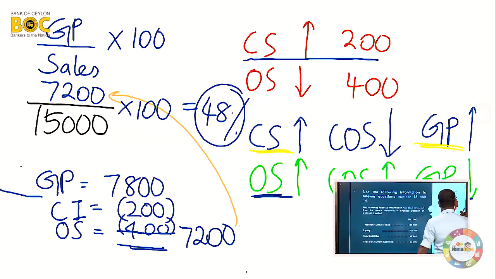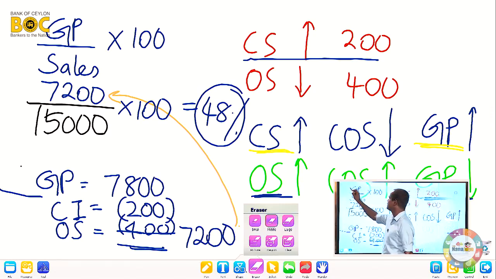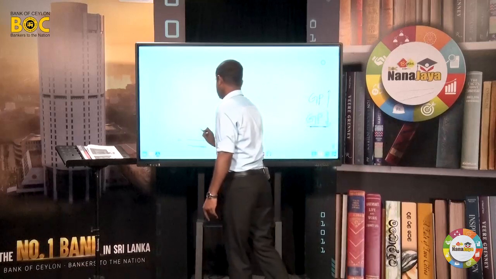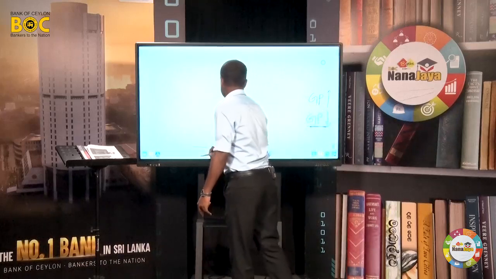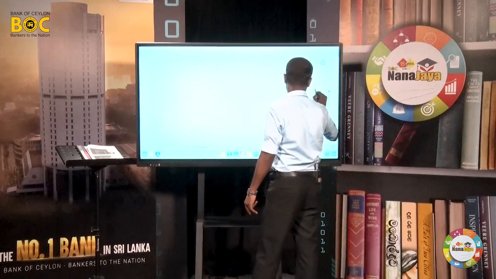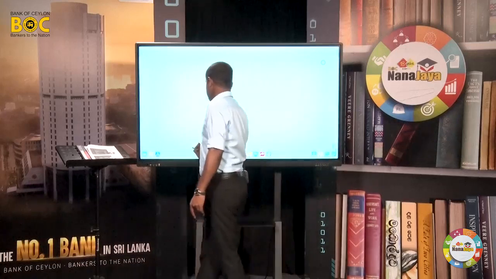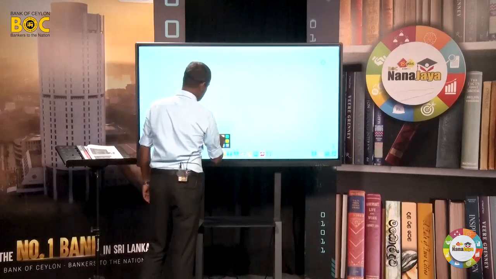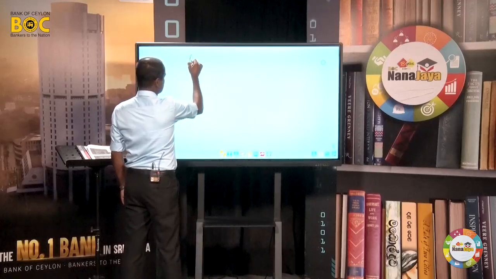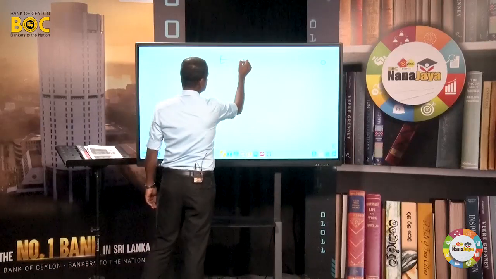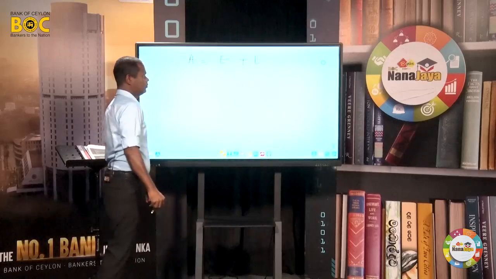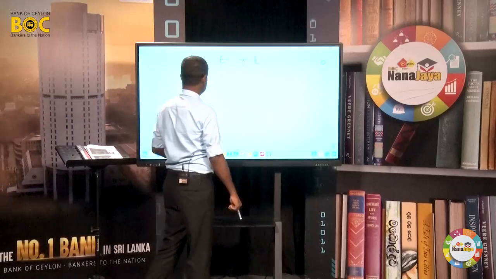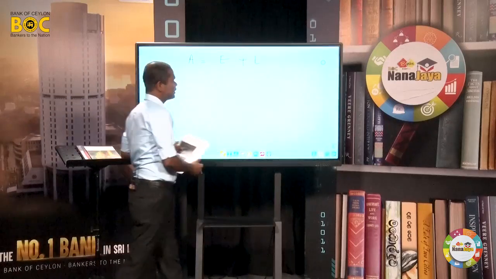You can use the accounting equation here, the basic accounting equation. Assets equal equity plus liabilities.